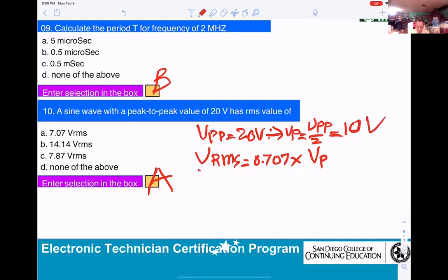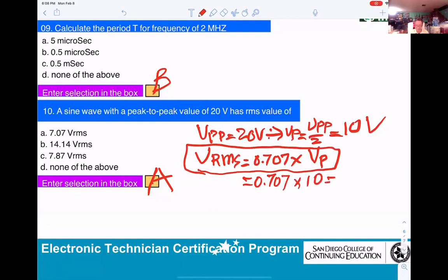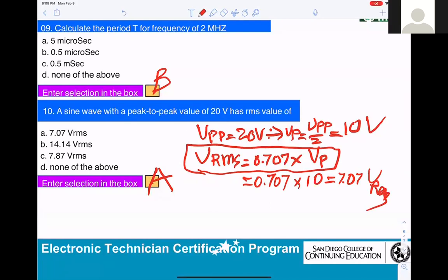And the formula to calculate the V RMS is 0.707 times V peak. So it will be 0.707 times 10. Oh, okay, that's what I missed. It's times 10, not times 20. Or else you'd get answer B.